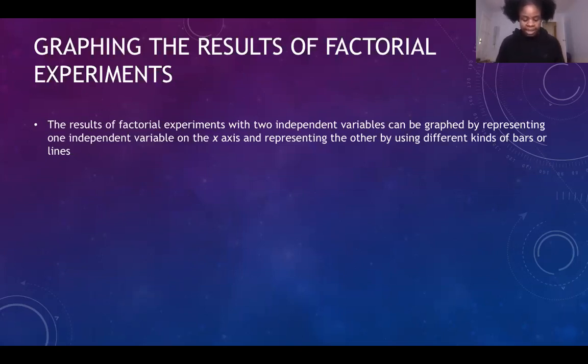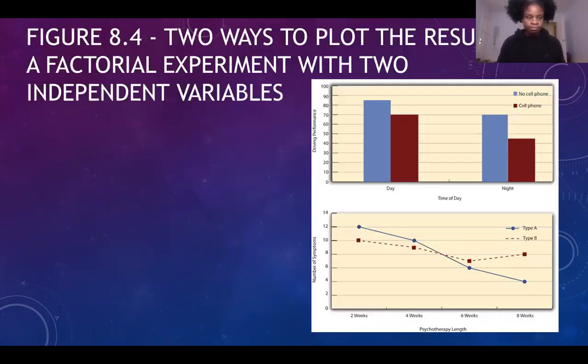In factorial designs, there are two kinds of results that are of interest: main effects and interaction effects, which are also called interactions. A main effect is the statistical relationship between one independent variable and a dependent variable, averaging across the levels of all the other independent variables.